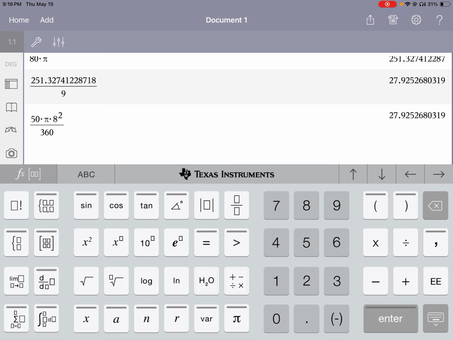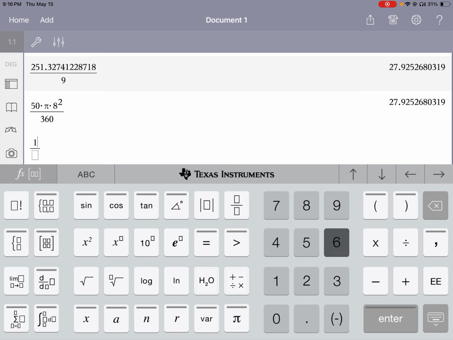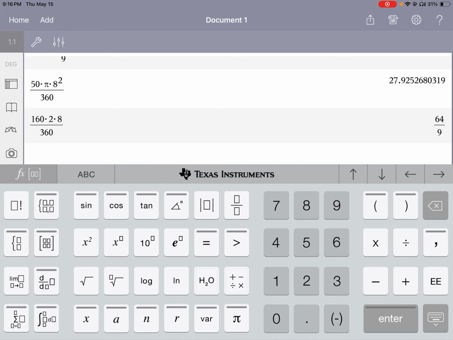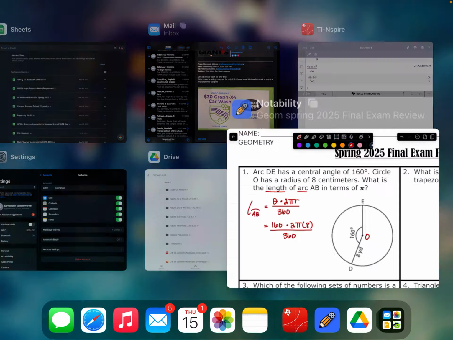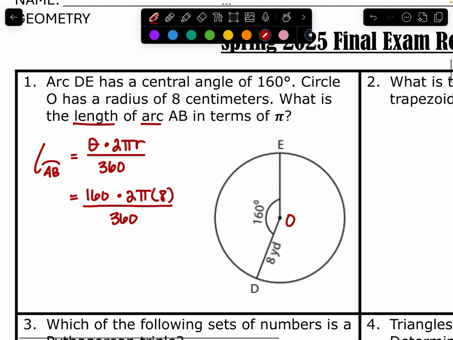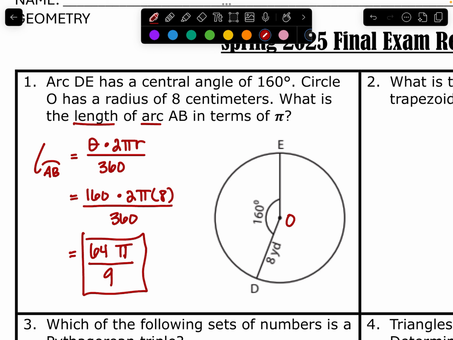So we've got 160 times 2 times 8. Again, don't put pi. We're going to leave pi in the answer as the simple pi. So we get 64 over 9. So what we're going to write is 64 pi over 9. All right, and there she is.